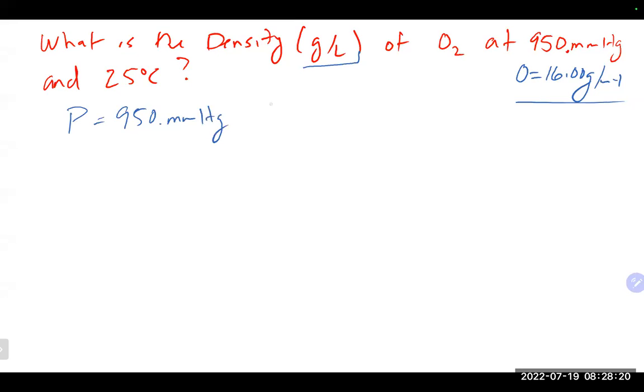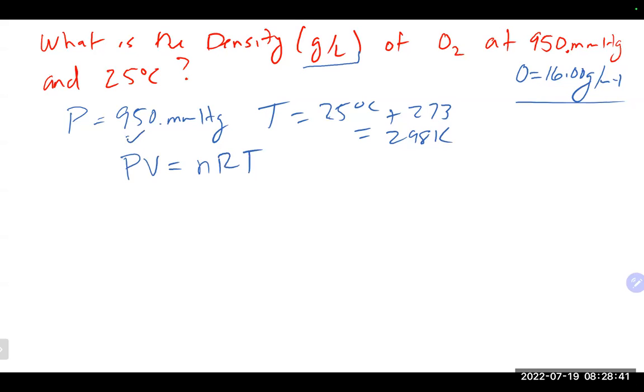We do have the temperature given to us, which is 25 degrees Celsius, which we've got to convert anyways, to 298 Kelvin. So once again, you could use that formula that we had in the previous page, but if you cannot remember it, you can again fall back to PV equals nRT.